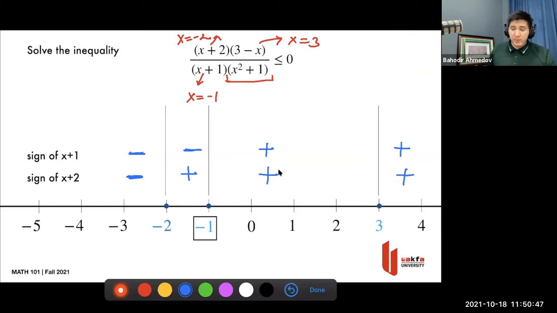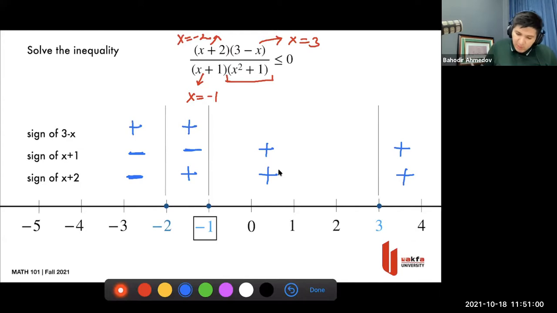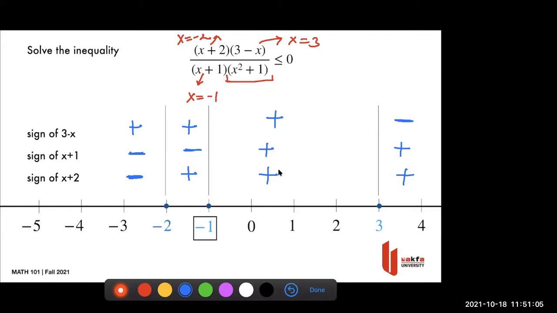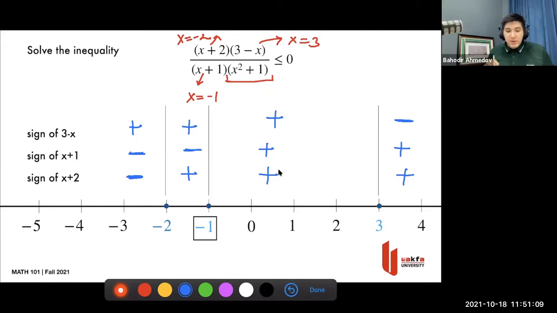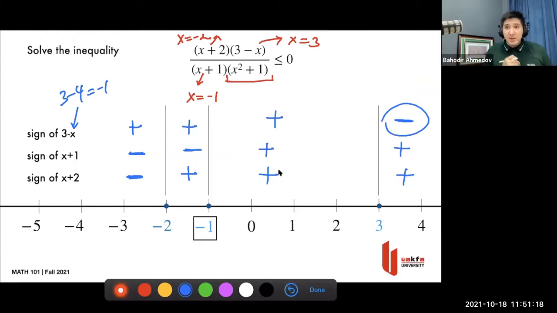What about 3 minus x? If you substitute minus 1, for example, is it positive? Yes. It is positive here, positive here, and negative only here. If you substitute, for example, 4, it becomes 3 minus 4, which is minus 1, which is negative. Understandable. For all of the intervals, the last factor is positive.